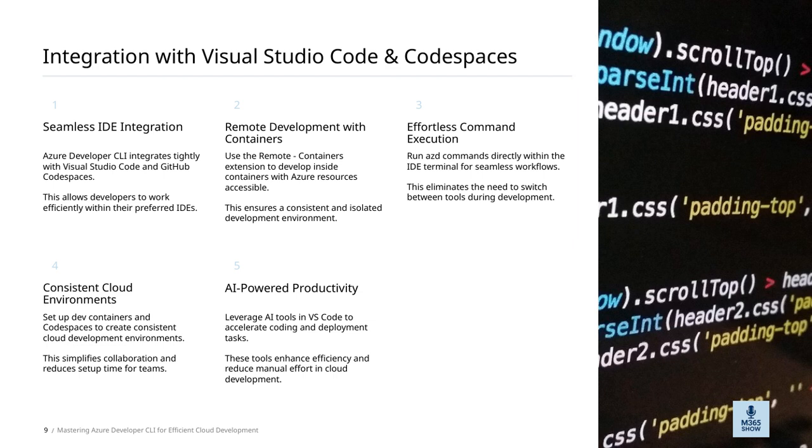These AI-powered tools help boost your efficiency and reduce manual effort, making your development process smoother. Next, setting up development containers and Codespaces allows you to create consistent cloud environments. This not only simplifies collaboration across teams, but also cuts down on the time needed to get everyone up and running. Consistency is key to avoiding environment-related issues.